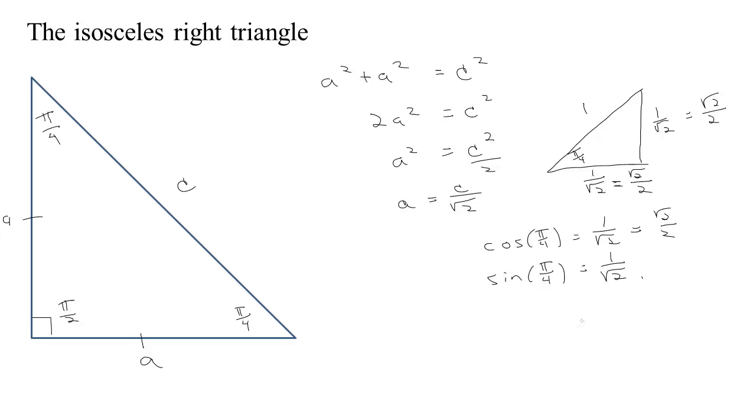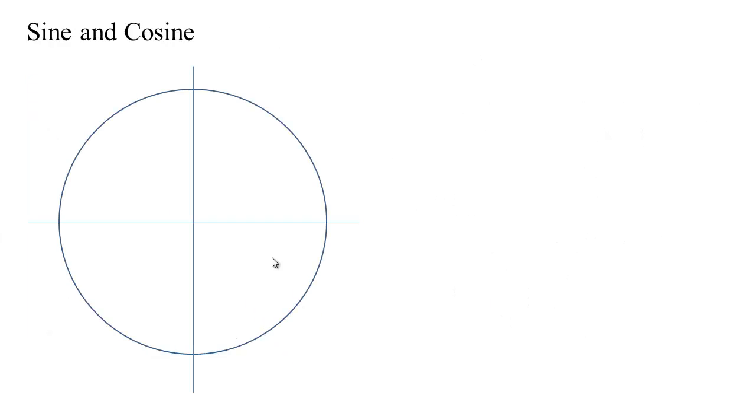Those two special triangles helped us figure out how to get the sine and cosine of pi sixths, pi fourths, and pi thirds. So we can now go around the circle with a little bit more accuracy. What I'm going to do is mark each of these special angles that we know here.